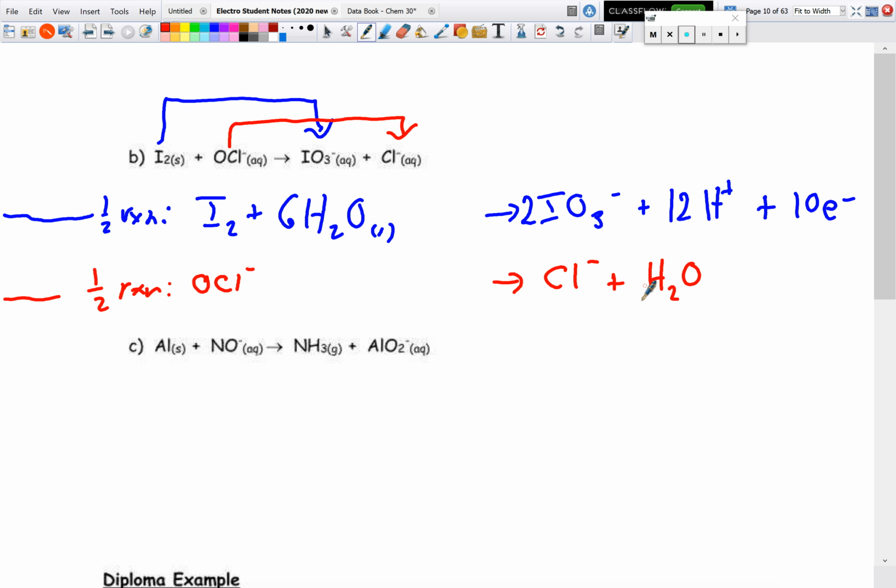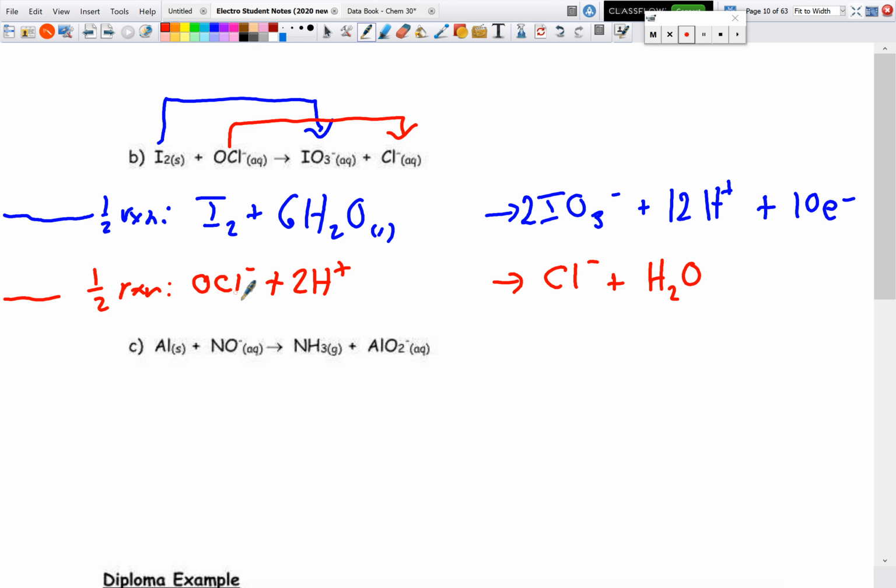Next, I balance out the hydrogens by adding H+. I have 0 hydrogens on my reactant side, but I have 2 on my product side, so I'm going to have to add 2 hydrogen ions on my reactant side to balance those out. And finally, we need to balance charge. On my reactant side, I can tell I have a positive 1 charge, right?